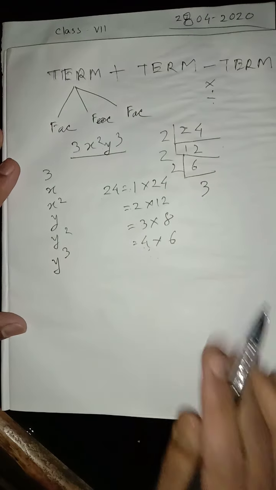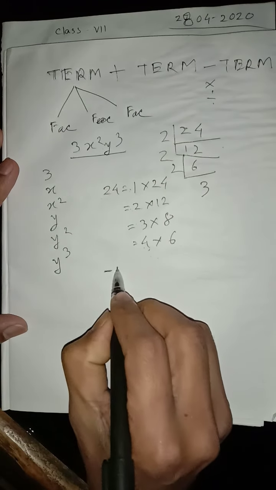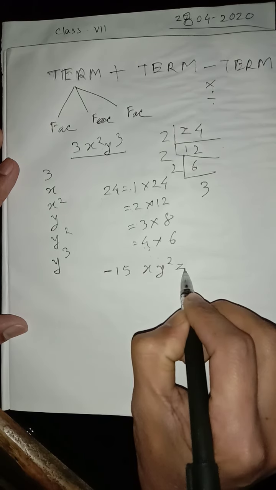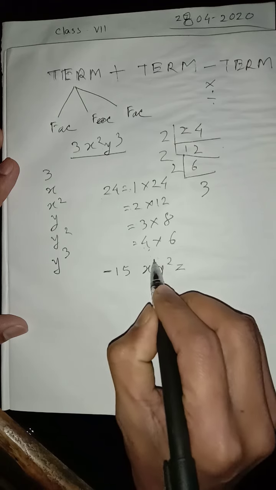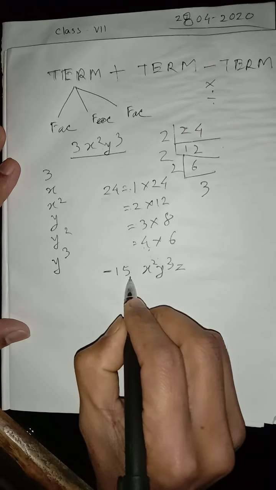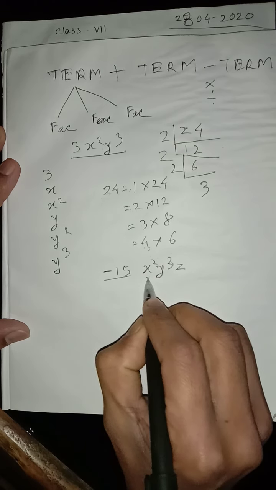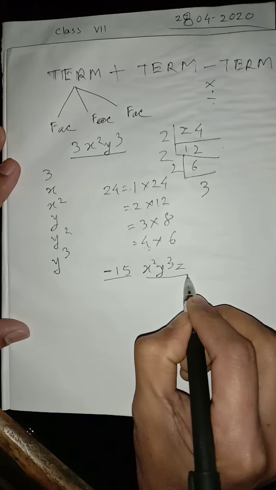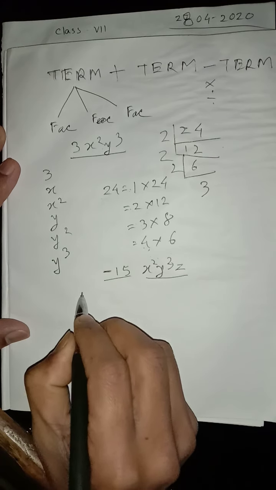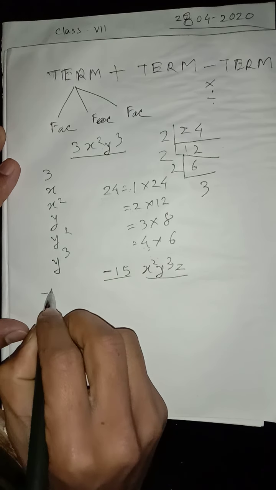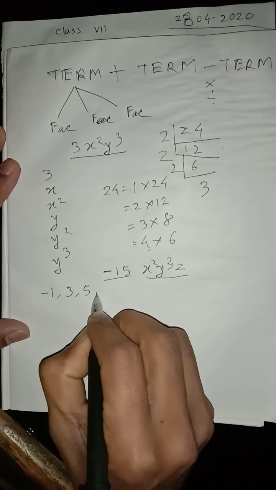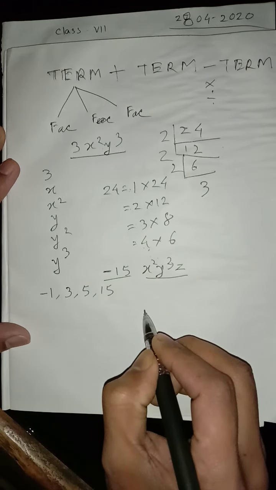Let us take another example. Suppose minus 15x y square or x square y cube z. Here 15 is the numeral part and x square y cube z is the literal part. If we prime factorize minus 15, then minus 1 is a factor, 3 is a factor, 5 is a factor, and 15 is also a factor.